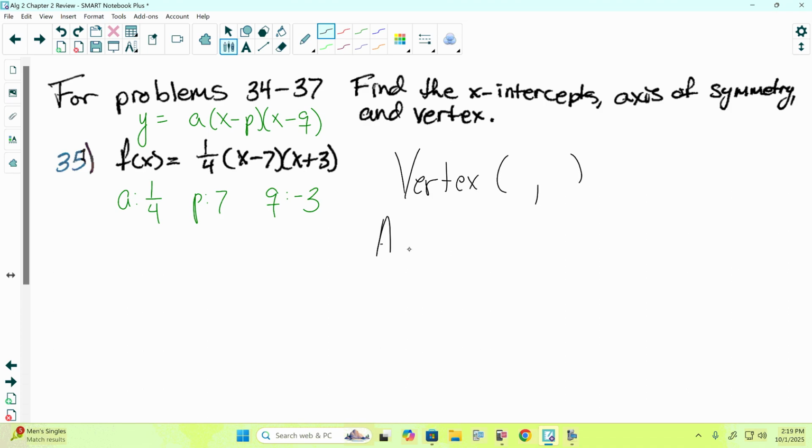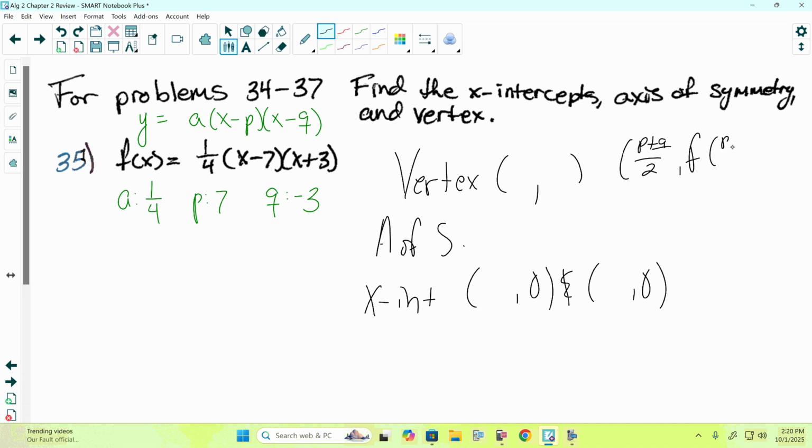Vertex. Vertex is P plus Q over 2, comma, f of P plus Q over 2.